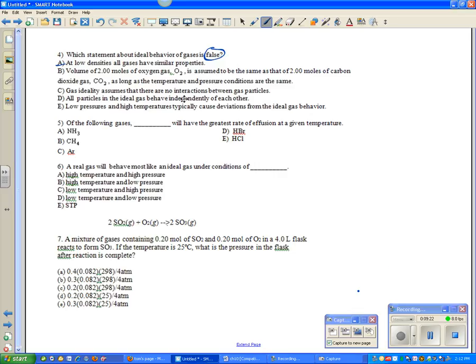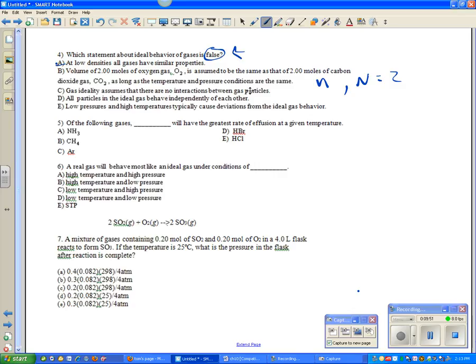Oh, I screwed all this up. Hold on. I knew that first one sounded wrong. See, I even told you to write false, and then I screwed up. All right, A, that is true, and I knew that, but I was an idiot. B, that is absolutely true, because it's governed by N, and if N in both situations equals 2, then they should have the same properties as long as the pressure and temperature are the same.